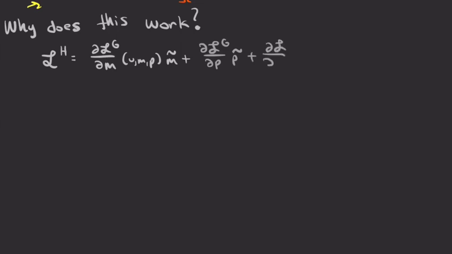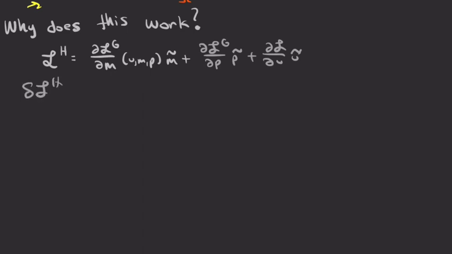So if this is our Lagrangian, it's very similar to why the adjoint state method works, a few videos ago I explained why that works. It's the same sort of cancellation.